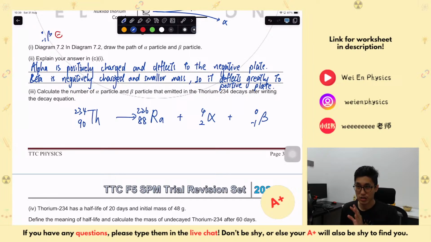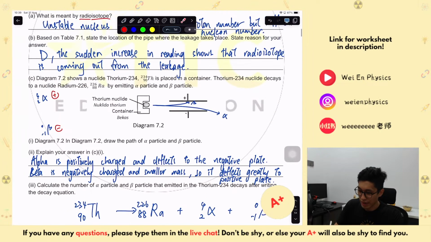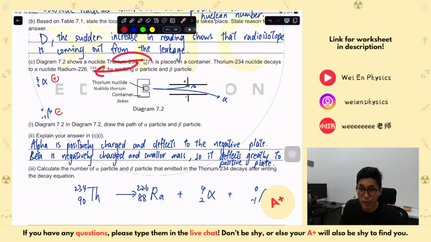It's not fixed, so you have to depend on what they give you. Since they say thorium becomes radium, then we write thorium becomes radium. Sometimes there will be uranium becomes something, then you have to follow: uranium becomes something plus alpha and plus beta.